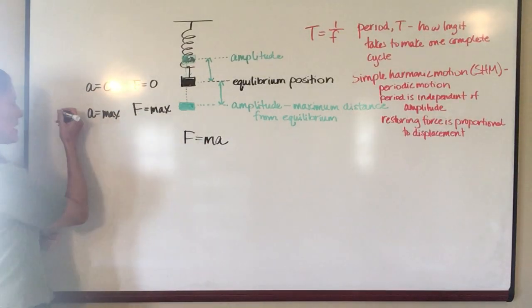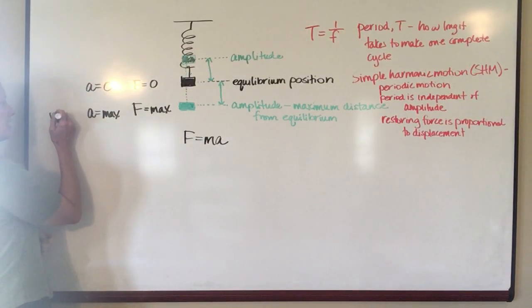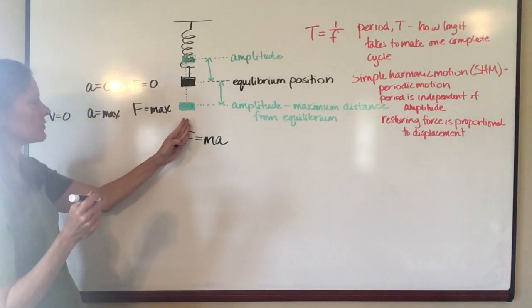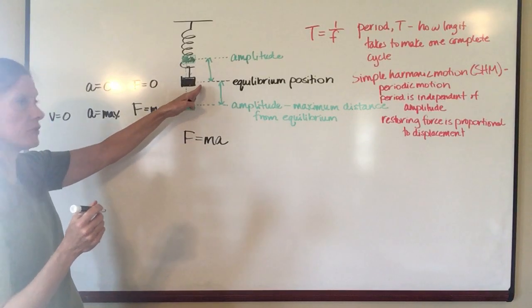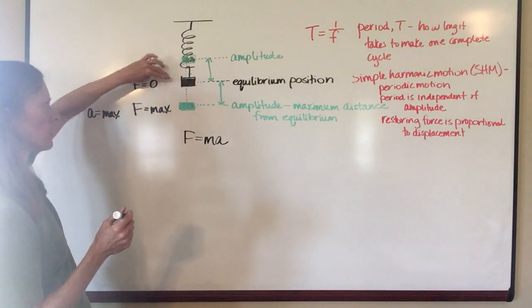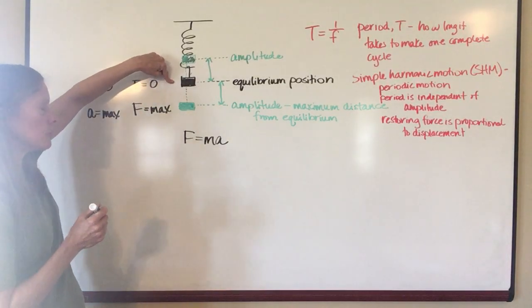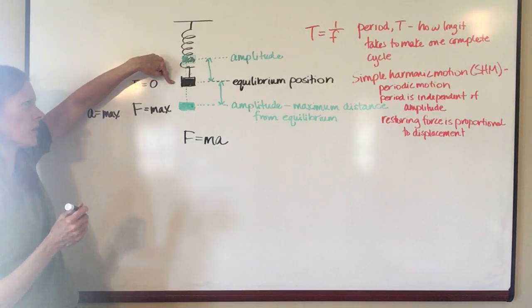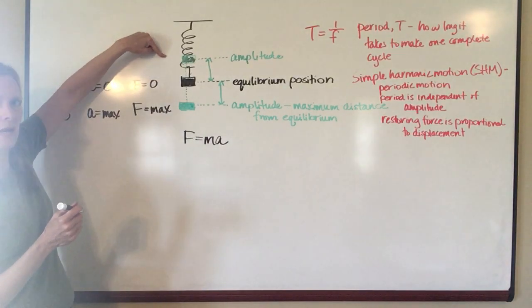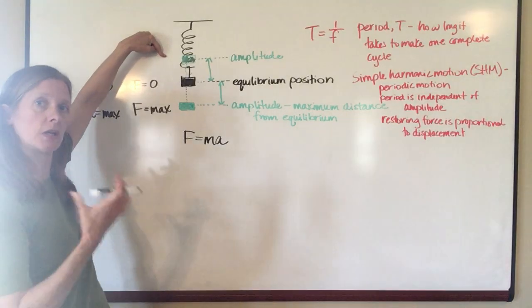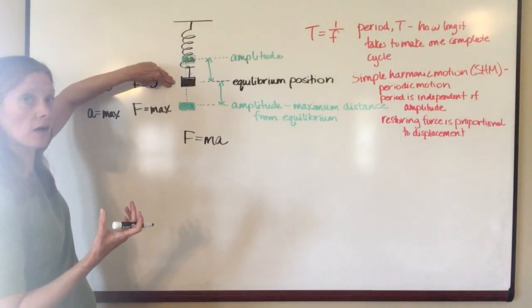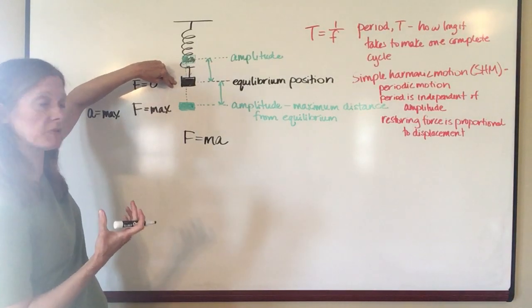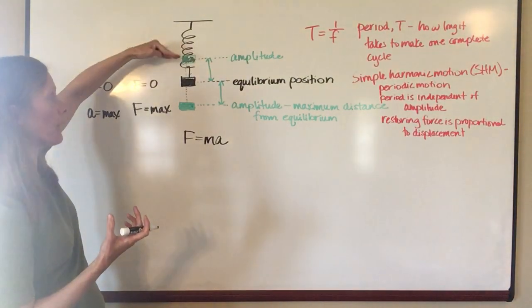And so at the amplitude, the velocity is 0, and then the closer it gets to the equilibrium position, the mass gets faster and faster. So here, you could be thinking, well, if the force is 0, why is it going to keep going up? Well, that's an energy discussion that we're going to get into in the next section. But it's going to keep moving because it's got velocity right here, and the momentum is going to keep it going up to the upper amplitude.